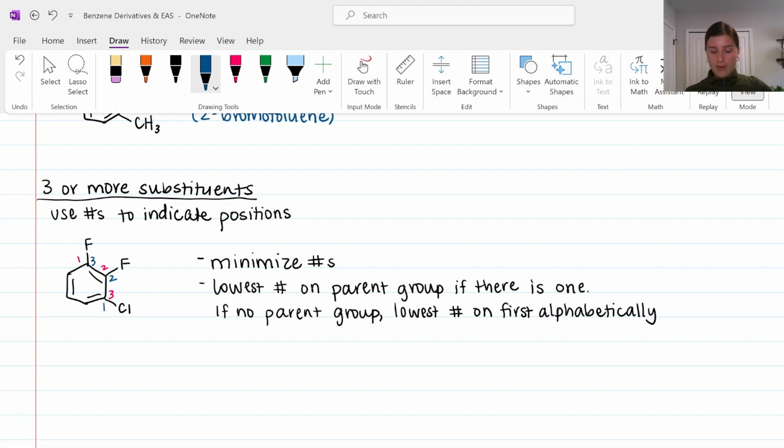C comes before F in the alphabet. And so the correct numbering for this molecule is to give that chlorine carbon number 1. So this molecule is 1-chloro-2,3-difluorobenzene.